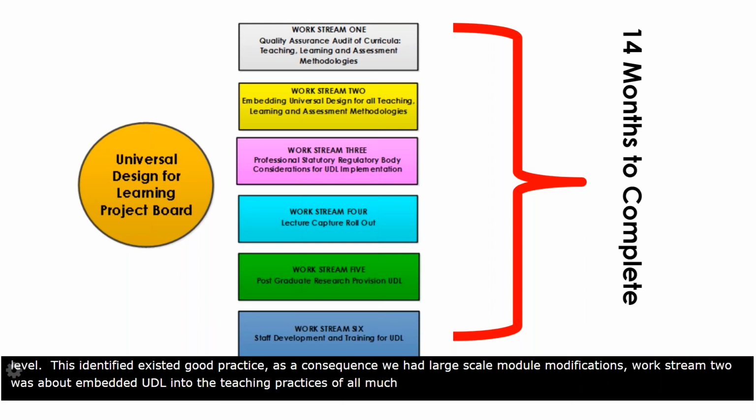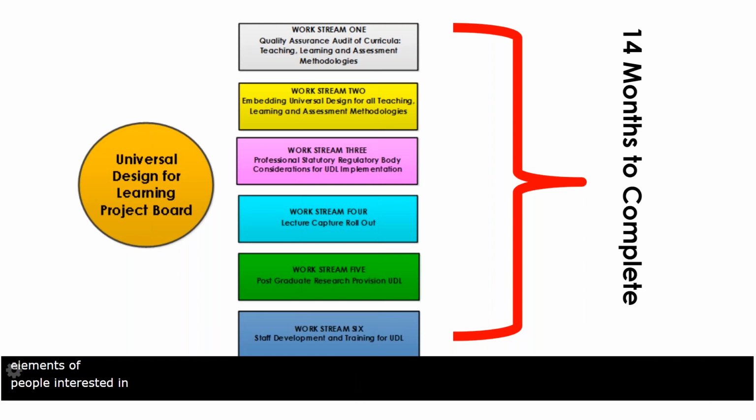Workstream 1 identified the elements of people interested and passionate in UDL. So Workstream 2 developed a UDL champion job description, and people were invited to come along and apply for those.